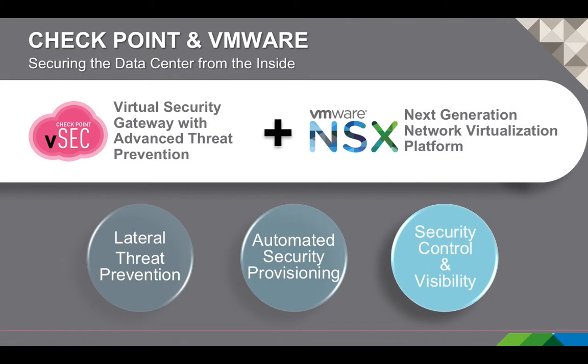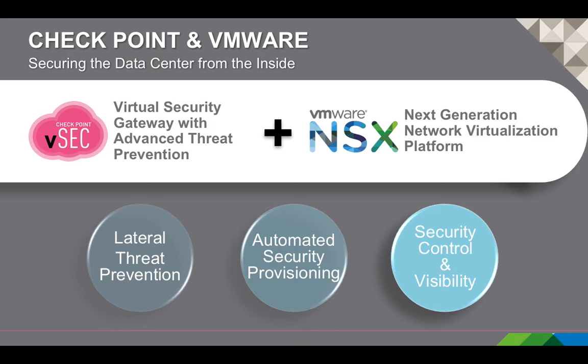What I'm going to show next is the integration with Checkpoint vSEC together with NSX. It takes care of threat prevention for the lateral east-west traffic in your SDDC itself, with the integration of Checkpoint together with NSX and vCenter.